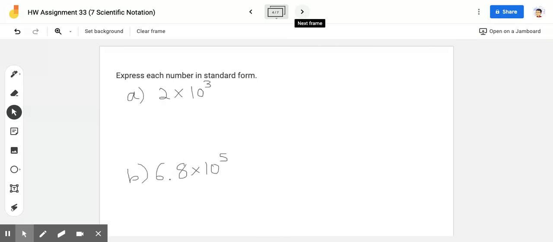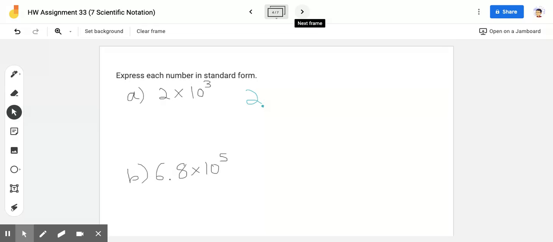So let's get into trying to express some numbers in standard form. All right. So 2 times 10 to the third power. Here's what we're going to do whenever we're writing these numbers in standard form. So I'm going to write out my 2. And I'm going to identify where the decimal point is on the number 2. Well, right now I don't see a decimal point, but we should know that there is a decimal point just to the right of that 2.